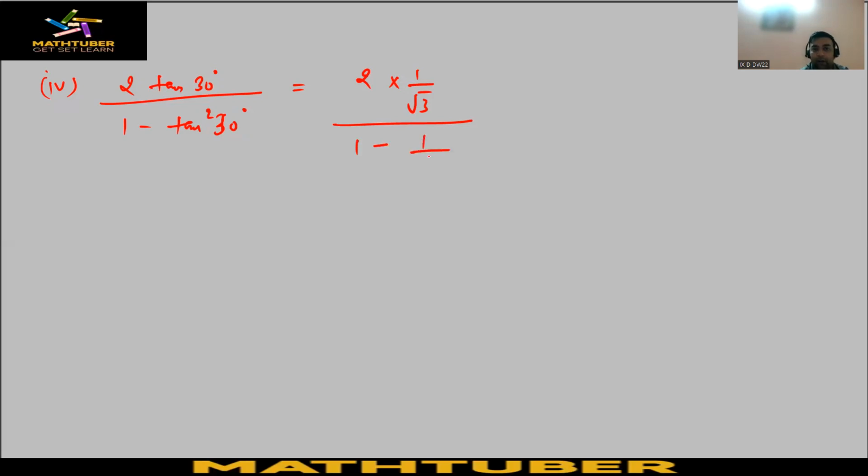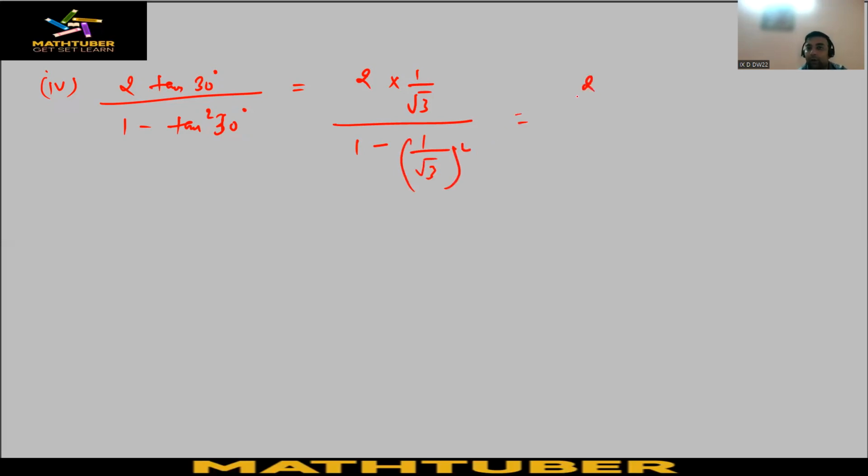Now let's move to the fourth part of this. Fourth part is 2 tan 30 degree upon 1 minus tan squared 30 degree. 2 into 1 upon root 3, because tan 30 is 1 upon root 3, and this will be 1 minus 1 upon root 3 whole square.